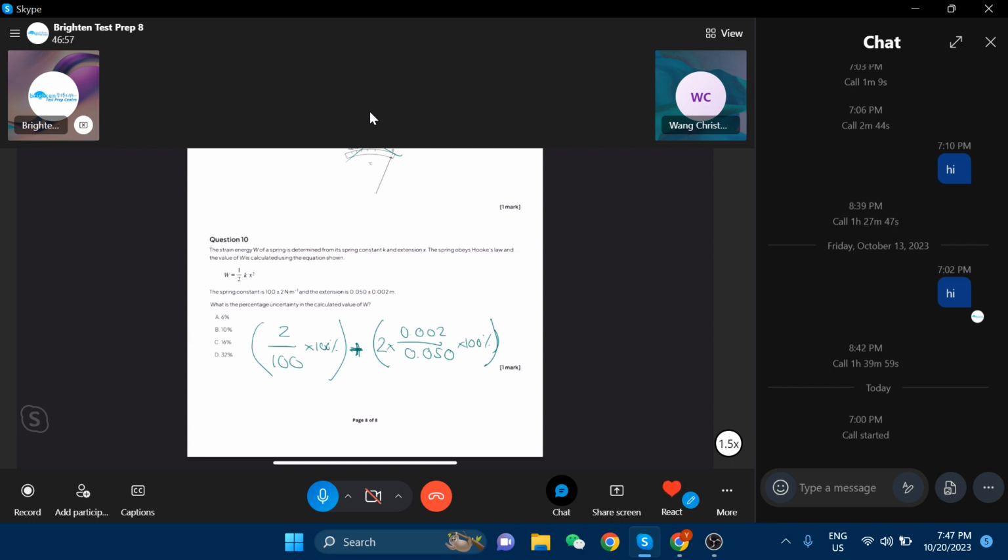In that regard of uncertainty calculation, we add them up percentage-wise. And because it's again something squared, we have to double the value of that. Okay, so when we calculate that, I just cut it short. It's 2% plus 8%, which obviously gives us 10%.